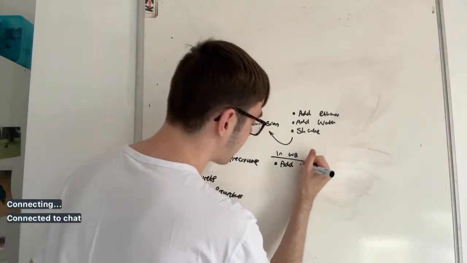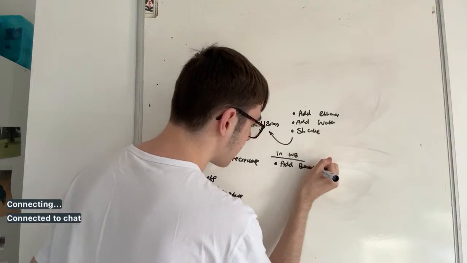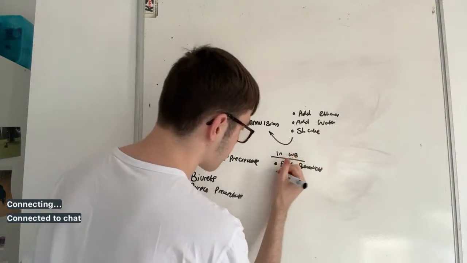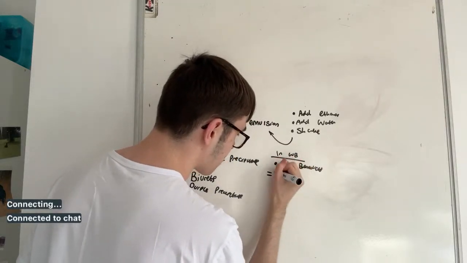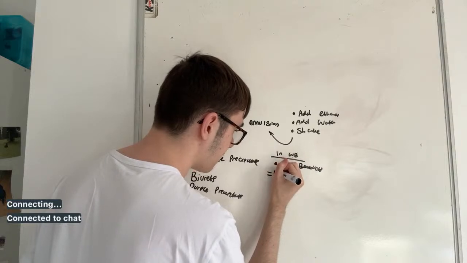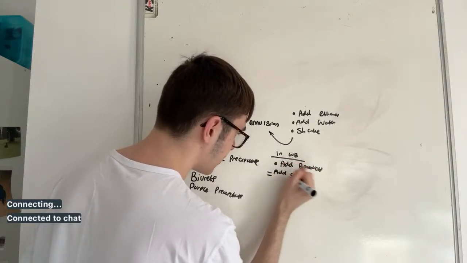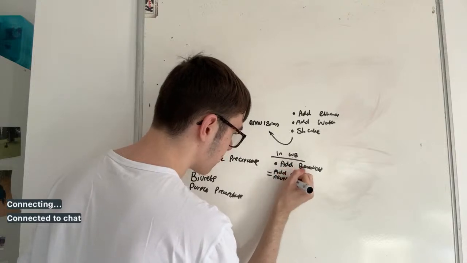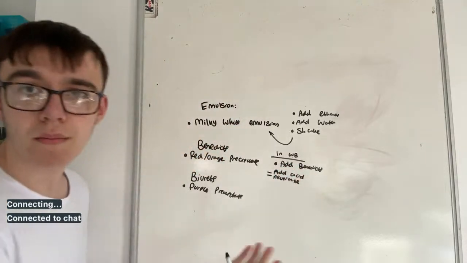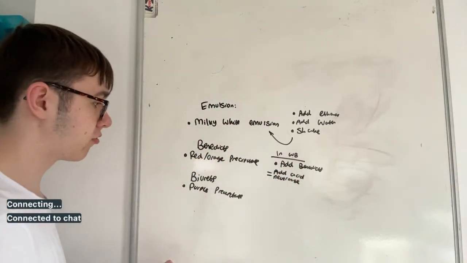If it's a non-reducing sugar, you will also have to add acid and neutralize before then adding your Benedict's solution.